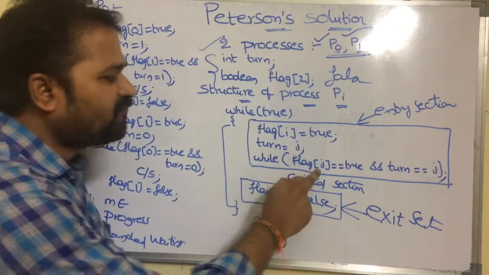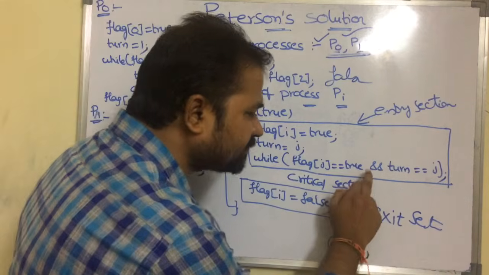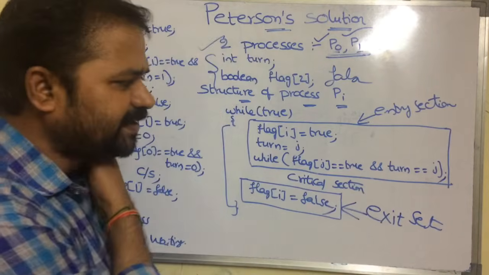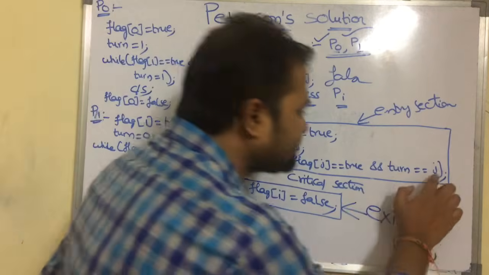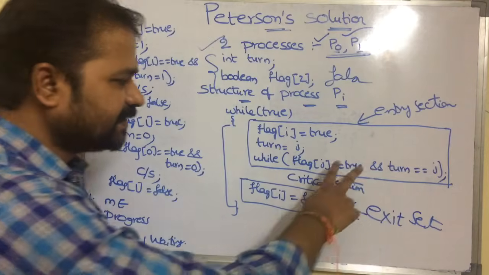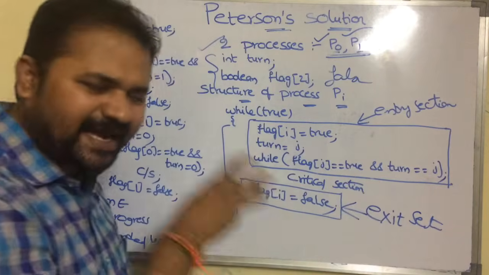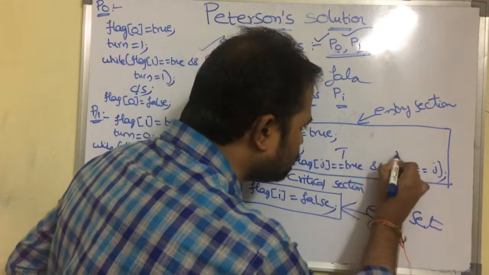Next, while flag of j is equal to true, and this is nothing but logical and operator, and turn double equal to j. Next, at the end of this we use a semicolon. We know what is logical and. If both the conditions are true, then the result is true.